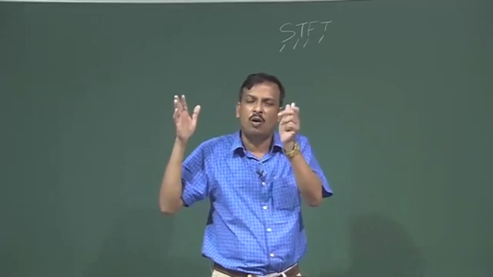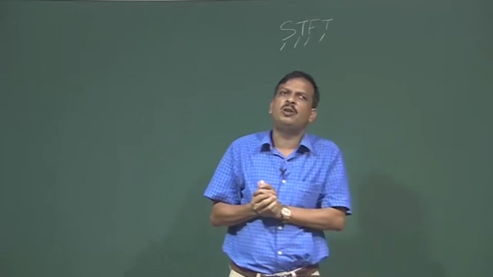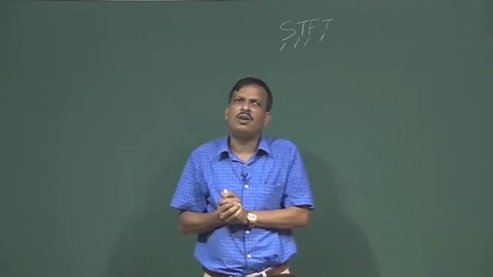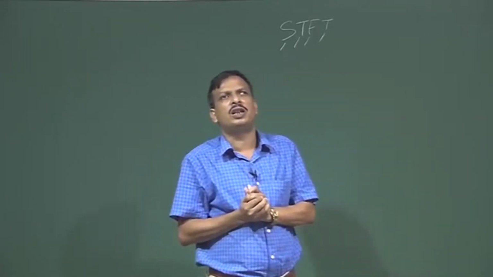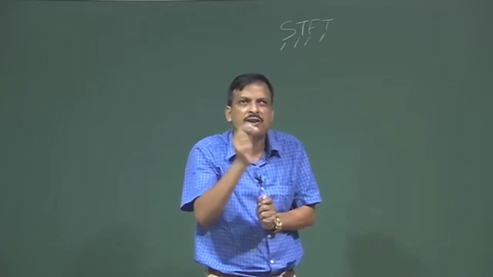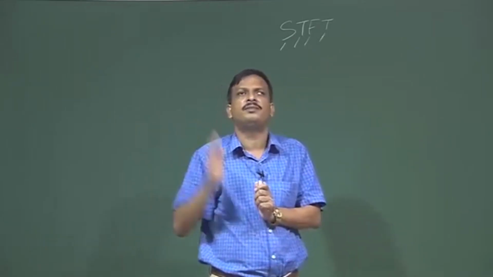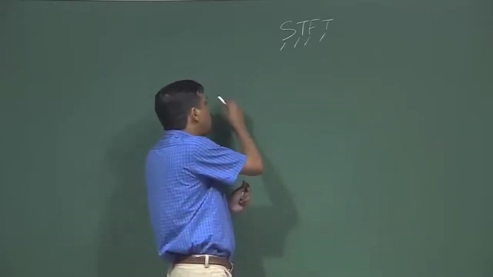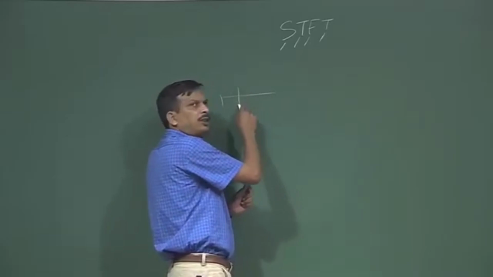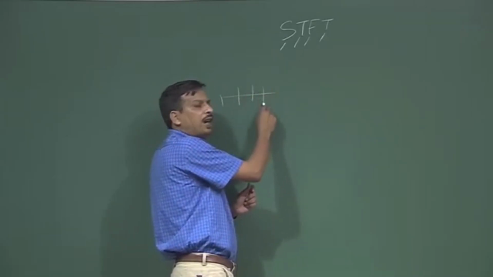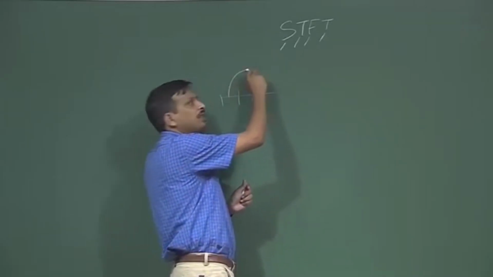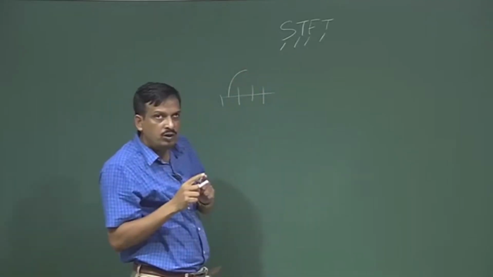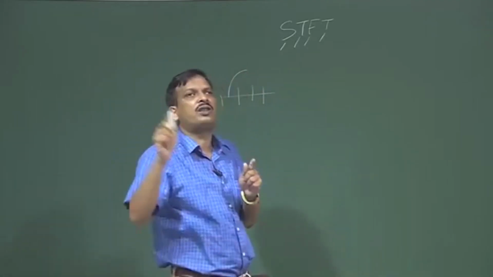So, if I take the whole signal and do the frequency analysis, I do not get any conclusion or information about what speech event is happening. What do we want? During pronunciation, the speech signal property is different at different times. I want to analyze how that property varies across the time.